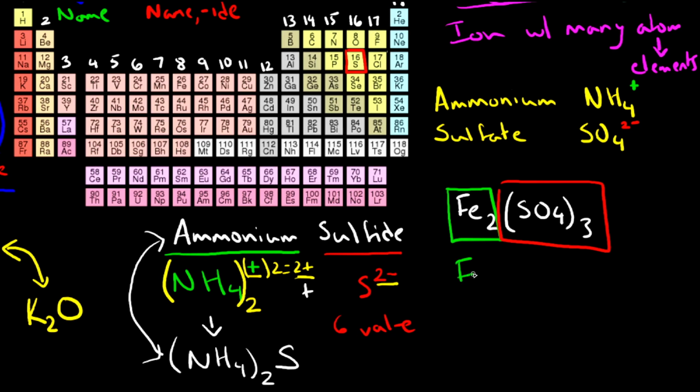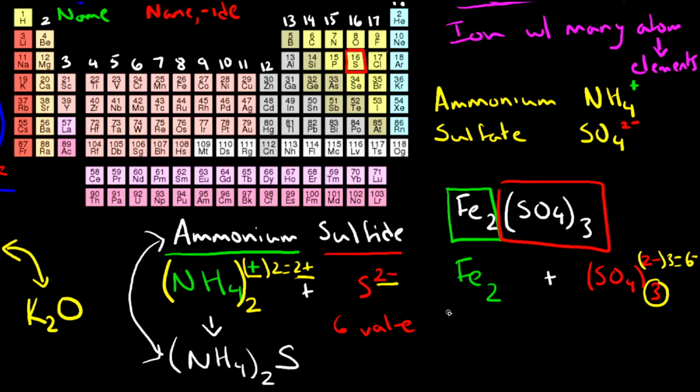So it's Fe2 bonding with SO4, except we have 3 SO4s. And as we can see here, each SO4 molecule has a charge of 2 minus, but since we have 3 of them, we multiply this by 3 to get a charge of 6 minus.